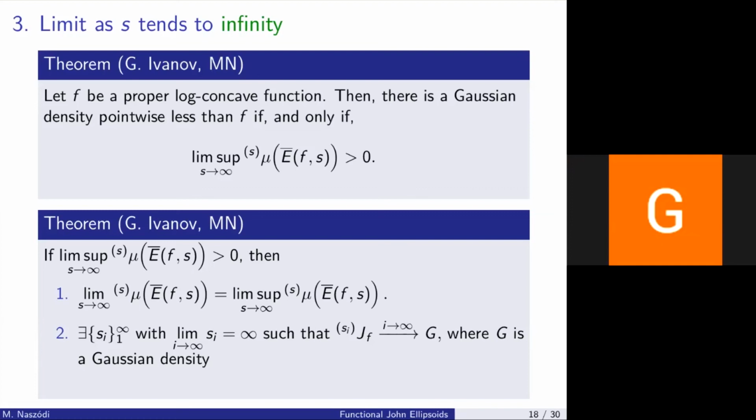In the dual problem, with a log-concave function and a Gaussian that is pointwise bigger or equal than the given function, the solution, if it exists, is unique. Honestly, we don't understand what is happening here. Probably there is something in duality or in another sense, but at the moment we don't know.